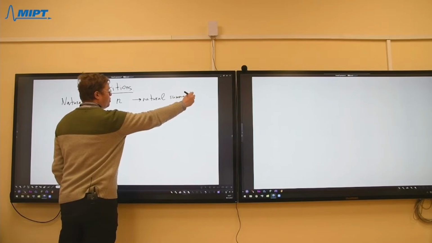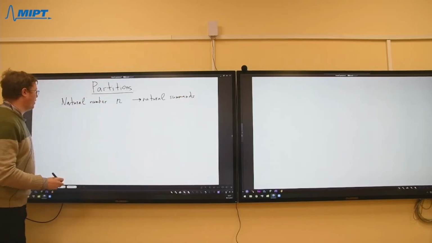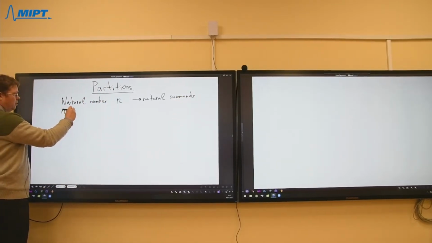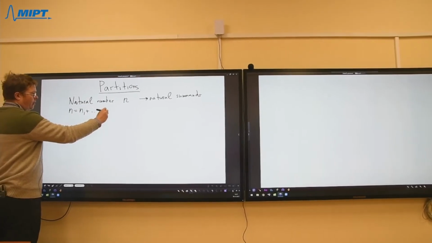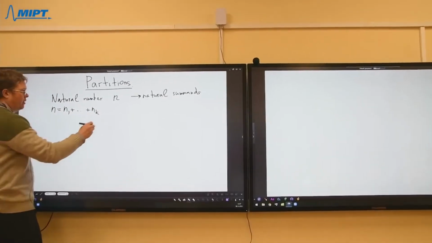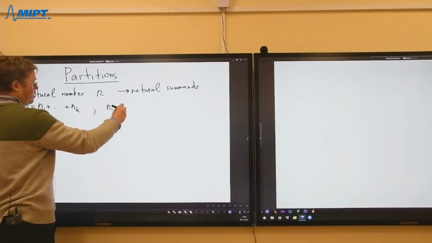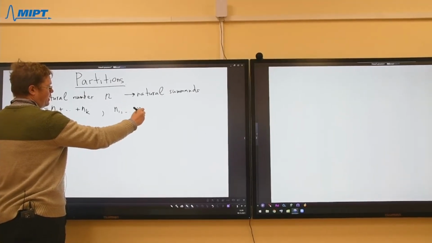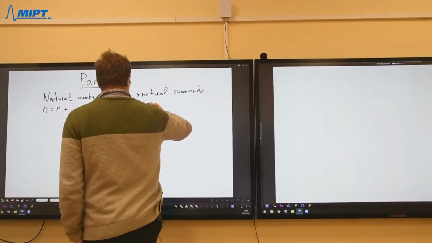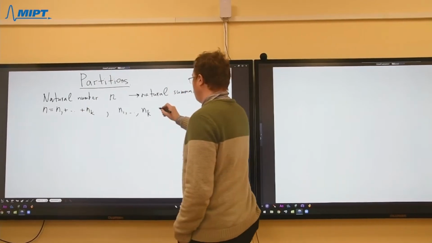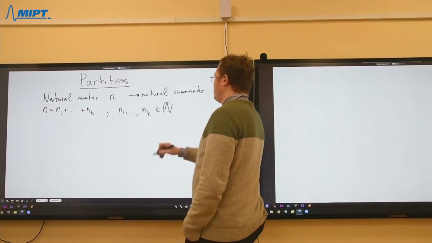So we want to look at the decomposition of n into some n1, etc., nk, where n1, etc. and k are also natural numbers.